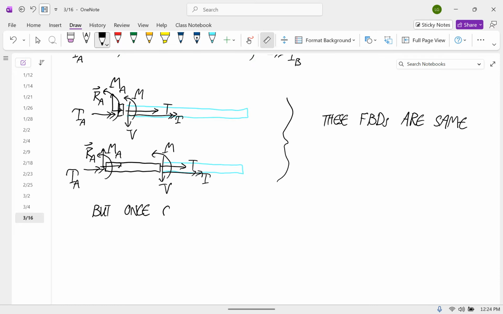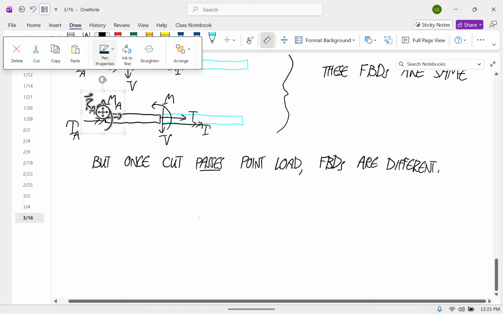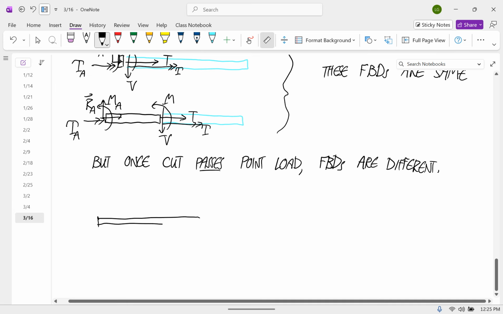But once the cut passes the midpoint, or it doesn't have to be the midpoint, once it passes the point load, the free body diagrams are different. Okay, so the first one we might do looks like this.